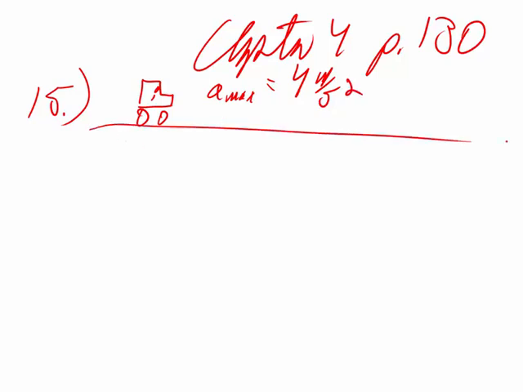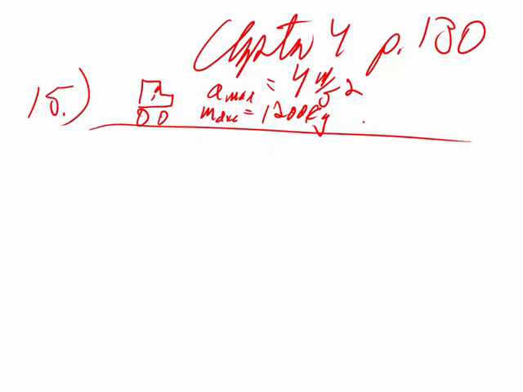Now, that is when it has only a driver and the car. So the mass of the driver and the car is 1,200 kilograms. What is its maximum acceleration after picking up 4 passengers and luggage, adding an additional 400 kilograms of mass?